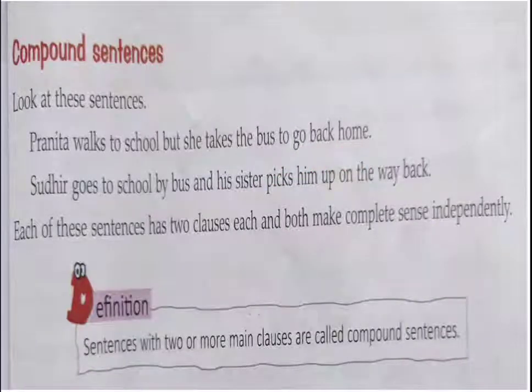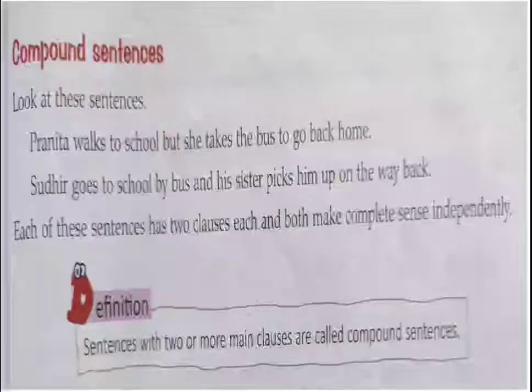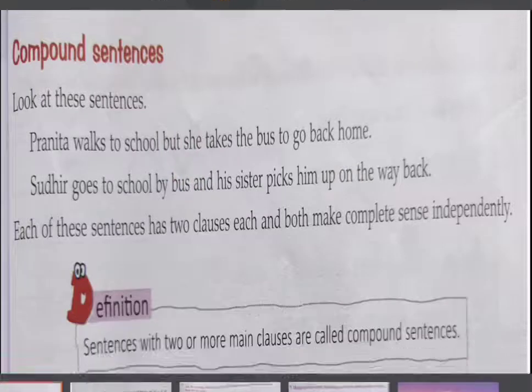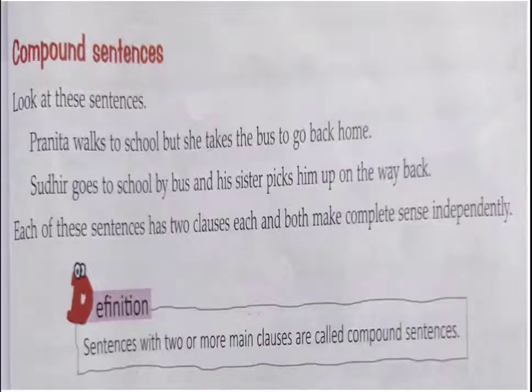Now, students, a very simple difference we got here between compound and complex sentences. As we know, in a complex sentence the conjunctions used are though, because, unless, until, who, etc. Now here, which conjunctions are used? But and. It's different from a complex sentence.